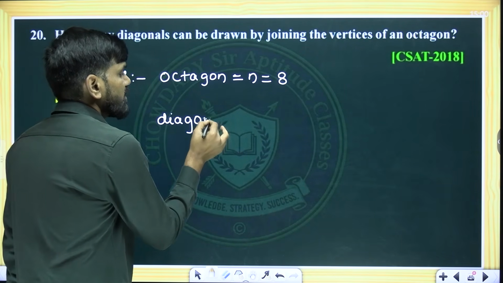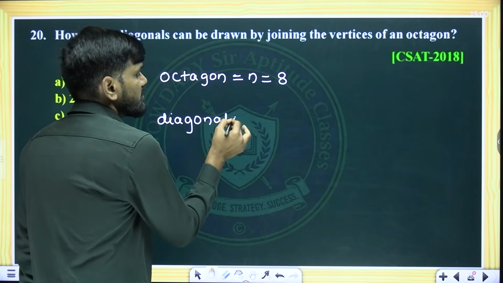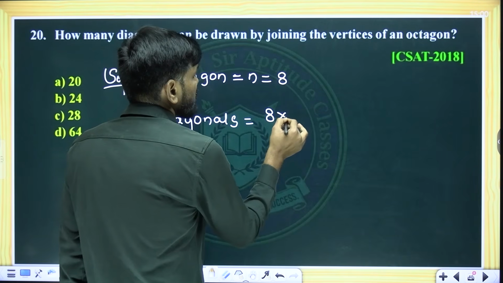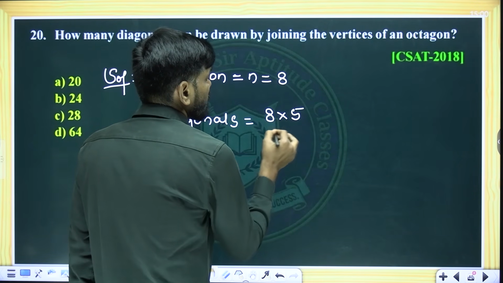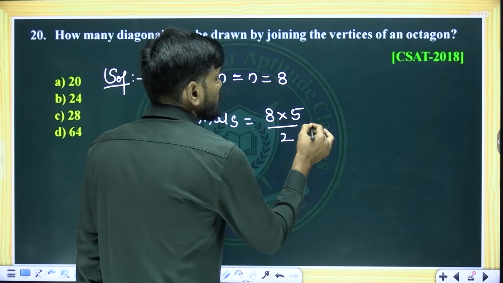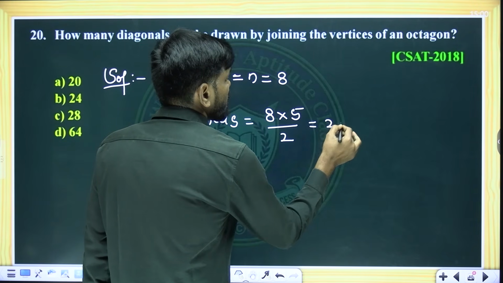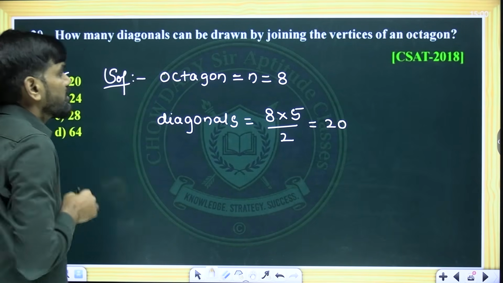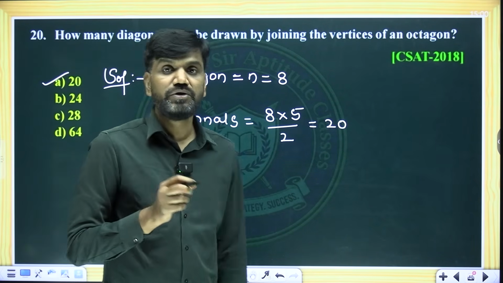So, number of diagonals is equal to n into n minus 3 by 2. 8 into 5 by 2. That will give you how much, dear? 20. So the number of diagonals in an octagon would be 20.